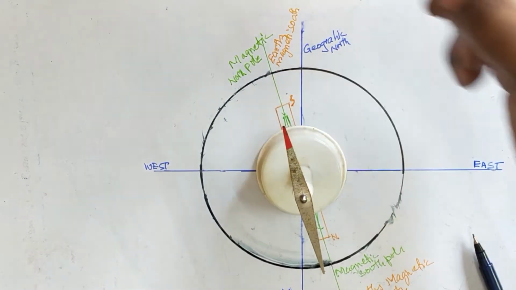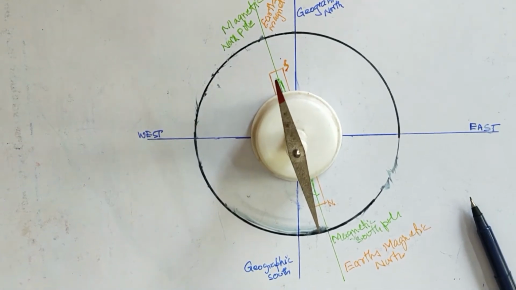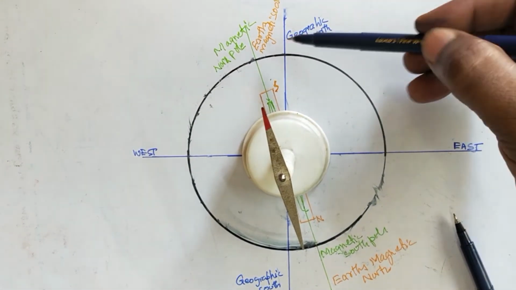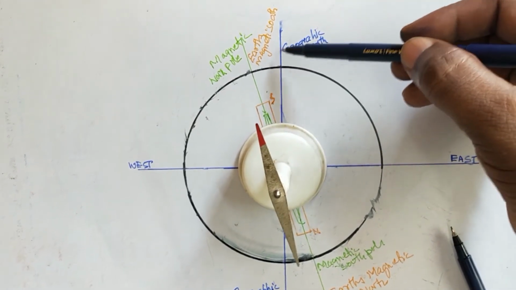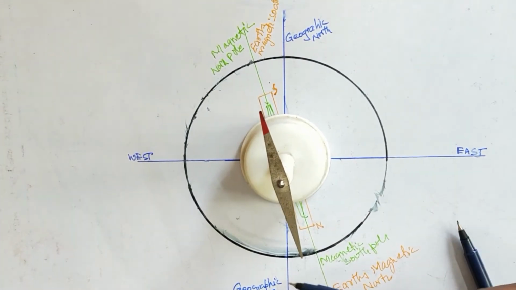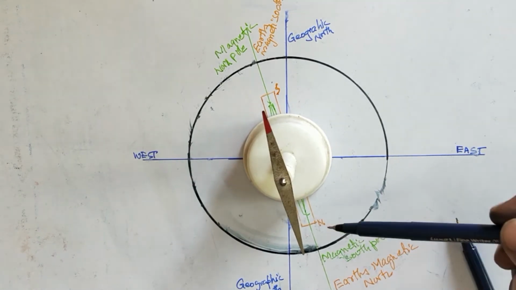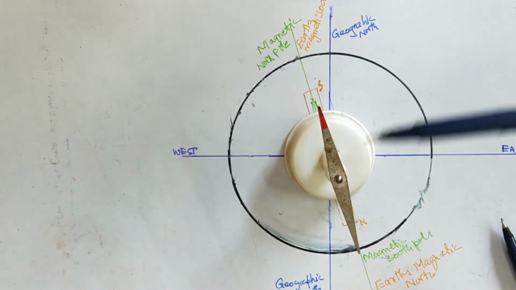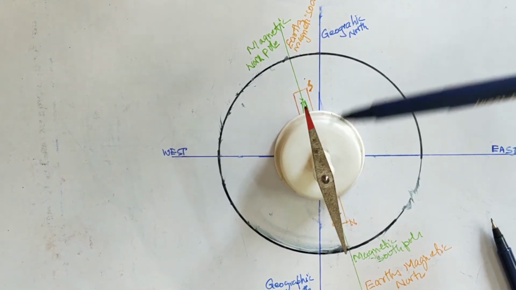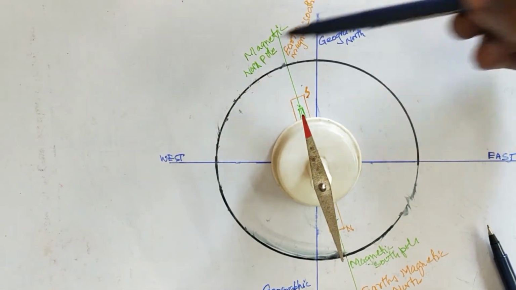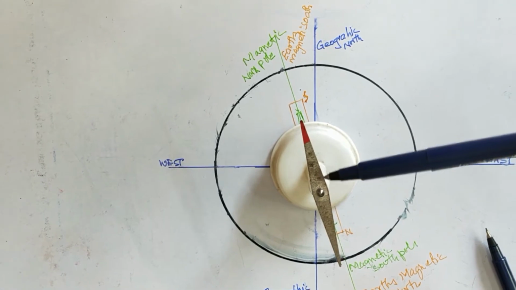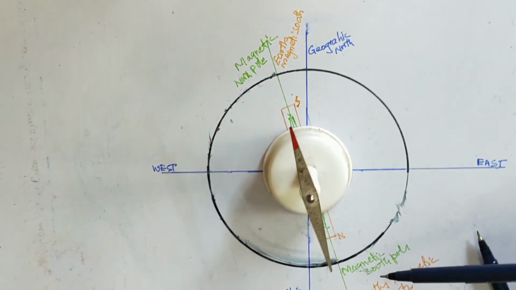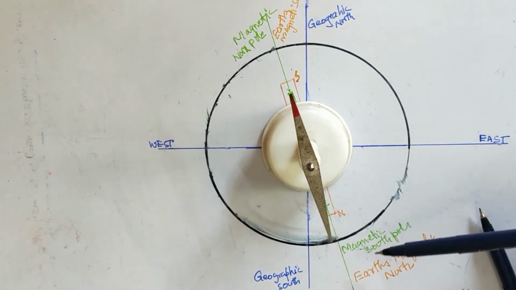So now we have defined 3 different types of terms here. The blue line that is marked here, this region is geographic north and this is geographic south. The green pointer where the magnetic compass ends were joined, this is the magnetic north pole, that is the north pole of this magnet placed on the surface of the earth, and this is the south pole of the magnet placed on the surface of the earth.